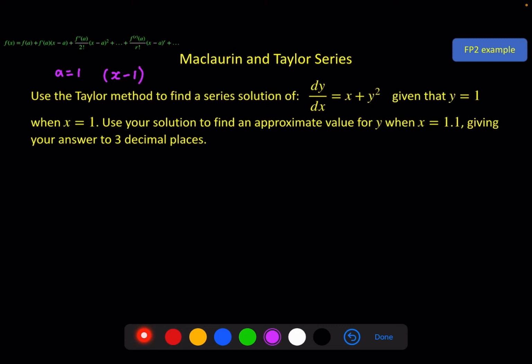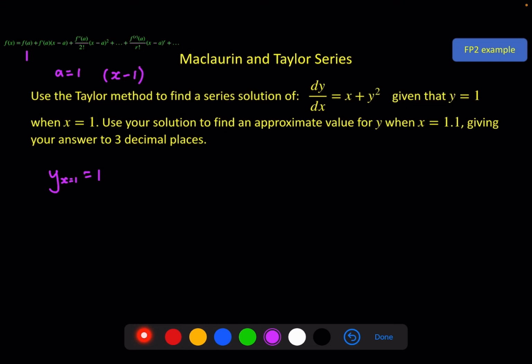We've got all of the information that we know. We know x equals 1, and at that point we know that y equals 1. So what I called y0 in the previous example is now y at x equals 1 rather than x equals 0. And that we know is equal to 1. So that's the first constant here, f of a, the function evaluated at 1.